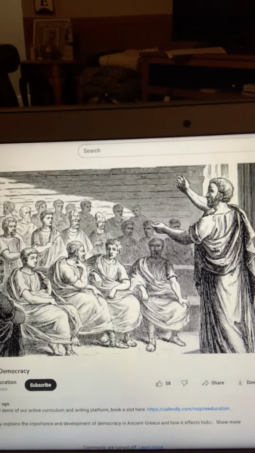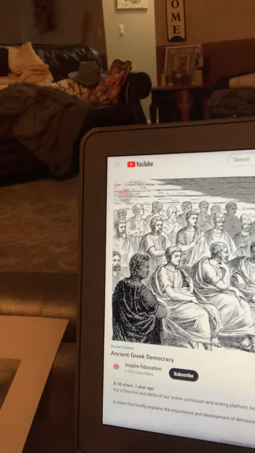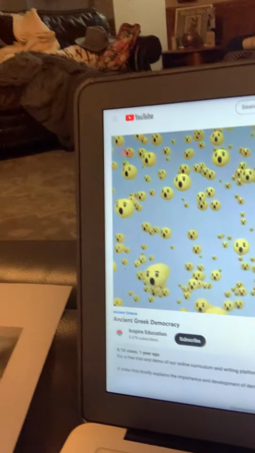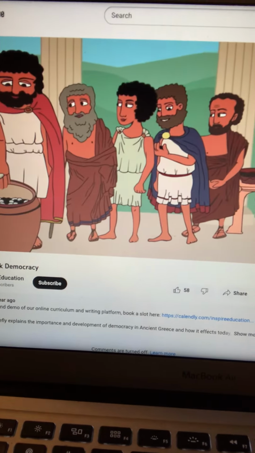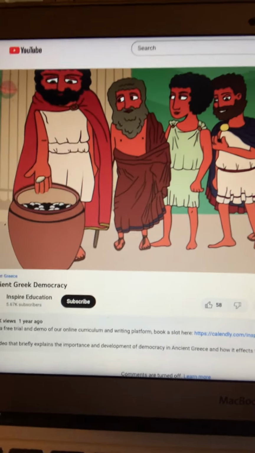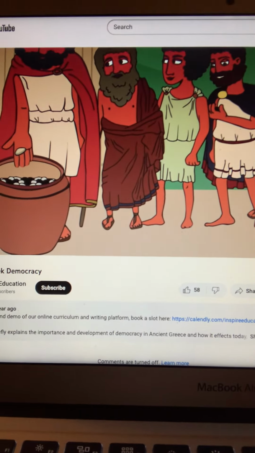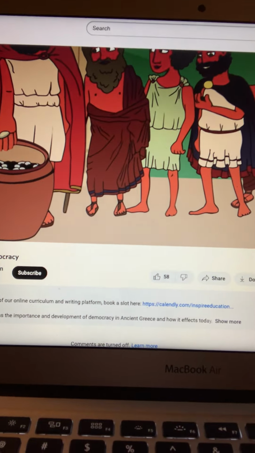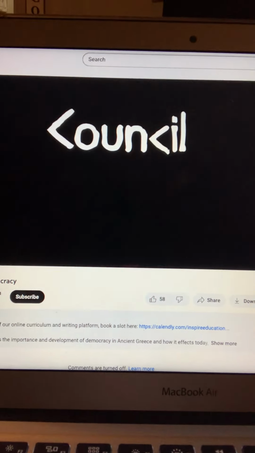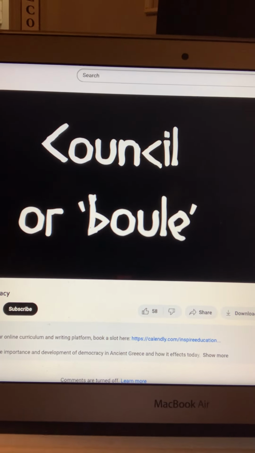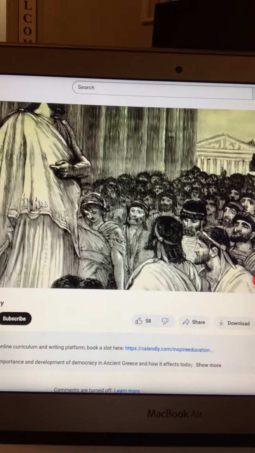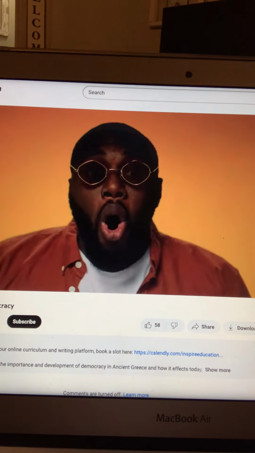They gathered together to discuss and vote for the city's laws. They also elected certain government officials by writing the name of their chosen candidate on a piece of wood or stone.